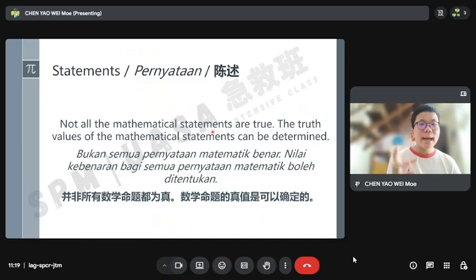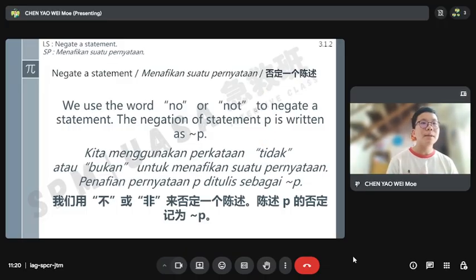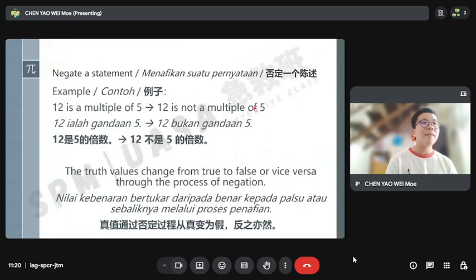But I can make a false statement into a true statement, and a true statement into a false statement, by using negation. I can negate a statement using the word not. The negation of statement P is just like this. For example, 12 is a multiple of 5.